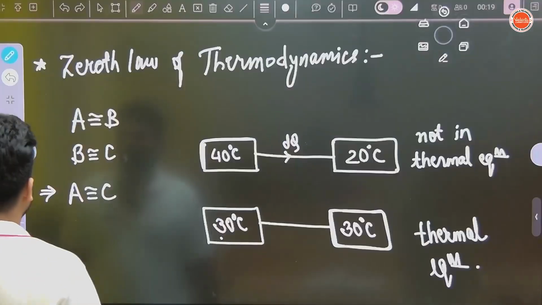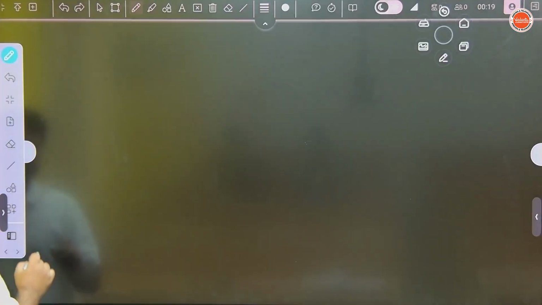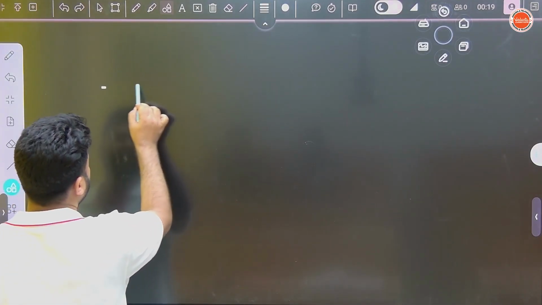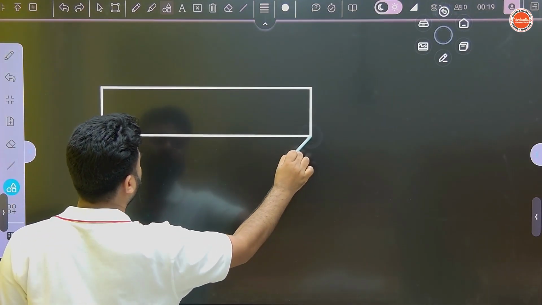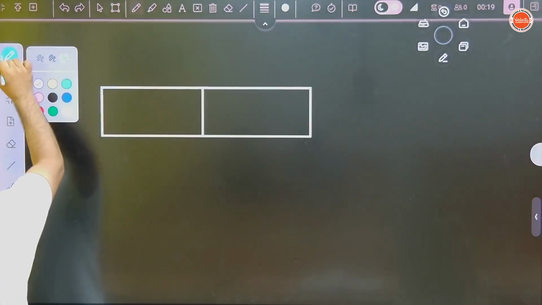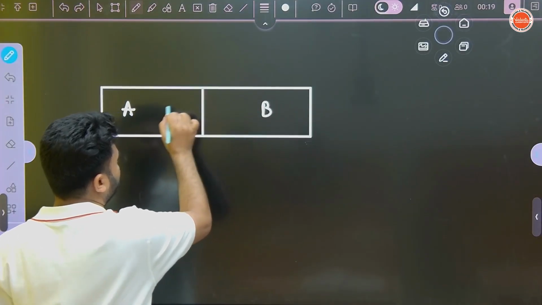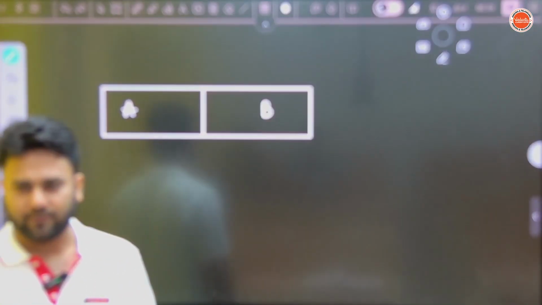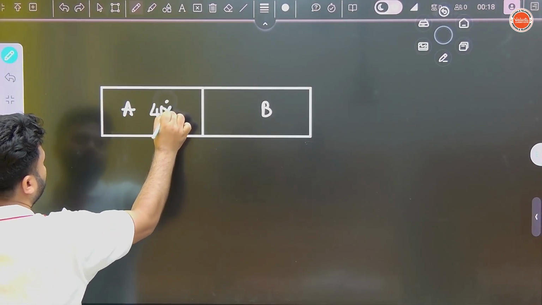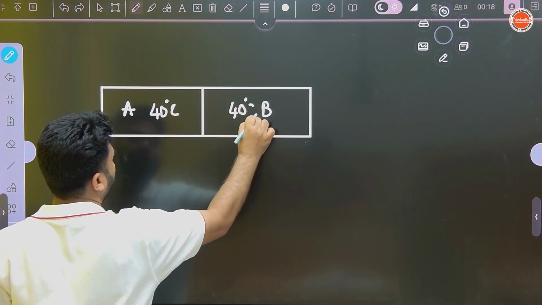So what is the zeroth law? It is saying, if body A is in thermal equilibrium with B, suppose this is body A and this is body B. Body A is in thermal equilibrium with body B. Suppose this temperature is 40, then this temperature will also be 40.